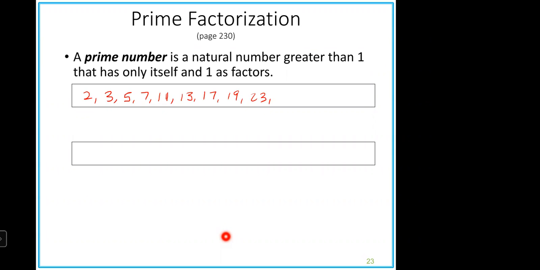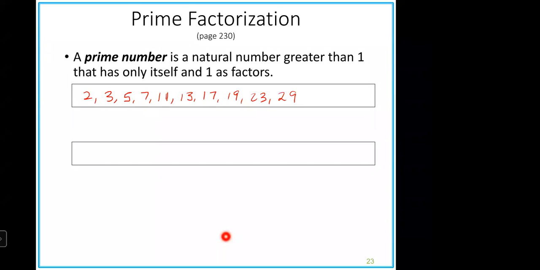1, 2, 3, 4, 5, 6, 7, 8, 9. Let's look at the 10th one. What about 25? No. What about 27? No, sorry. What about 29? Yes.